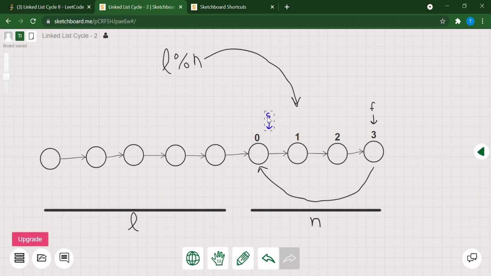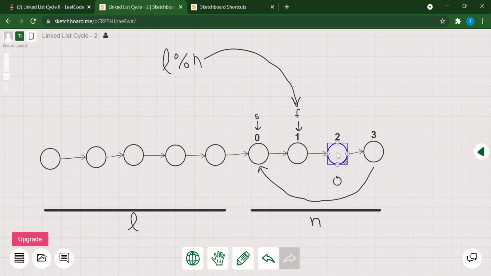So my question is, when this slow pointer enters the cycle for the first time, at that stage of Floyd's algorithm, how far is this fast pointer from the slow pointer? How many iterations will it take for the fast pointer to reach the slow pointer? That'll just be the number of nodes that it's far from the slow pointer.